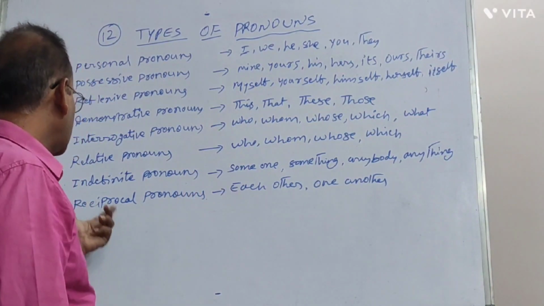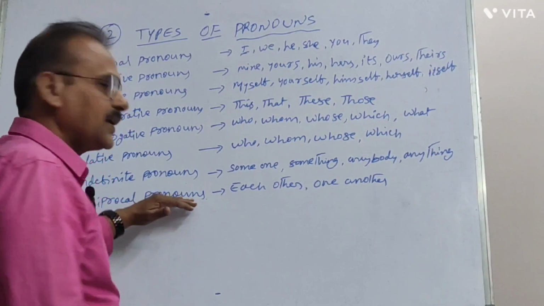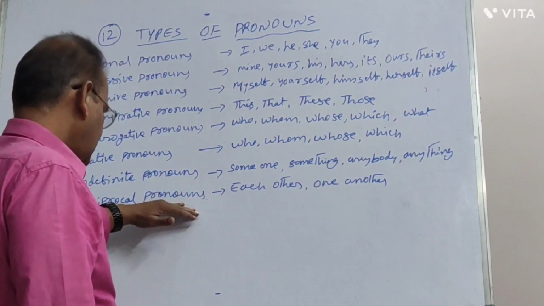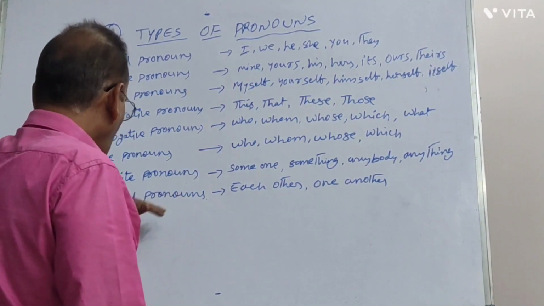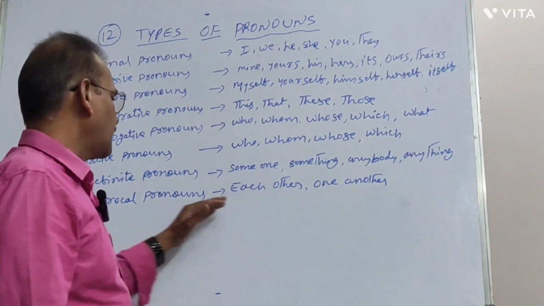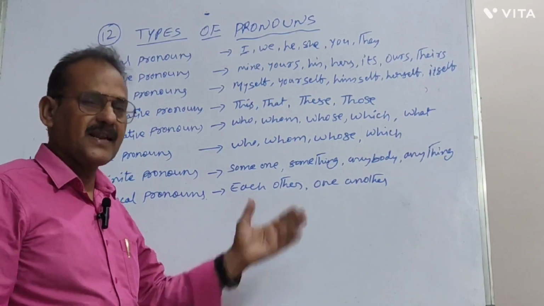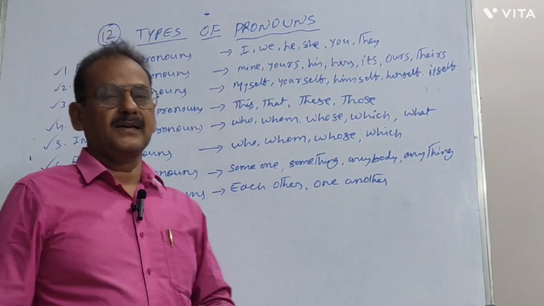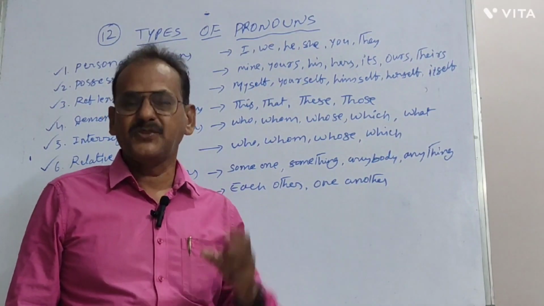Again I repeat, when we use these to talk about actions which are done between two or more people or things, then these reciprocal pronouns are used, and each other, one another are the best examples for these reciprocal pronouns. So these are the types of pronouns.